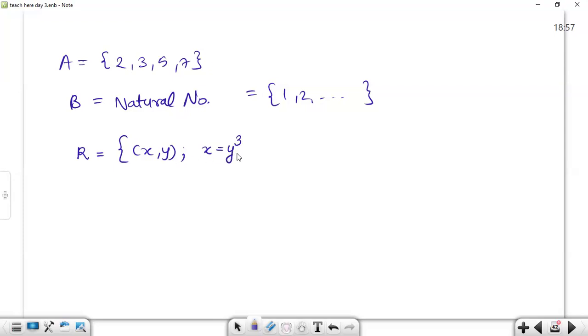Why is the second element here? For all X belonging to A and Y belonging to B.